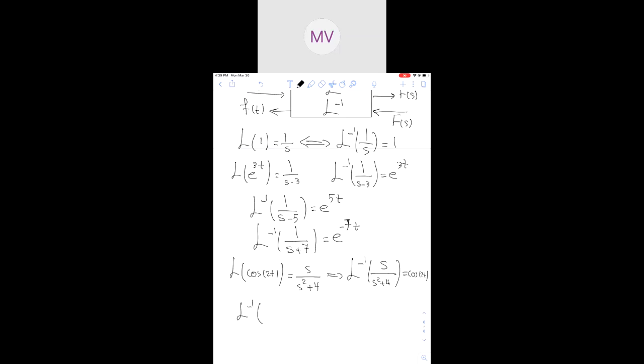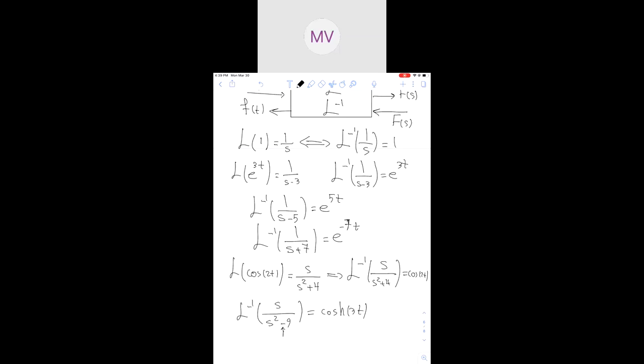What's the Laplace inverse of s over s squared minus 9? What's that? You're missing one letter. Nope. Nope. There you go. That's the one.